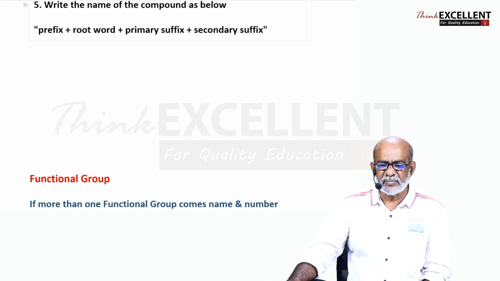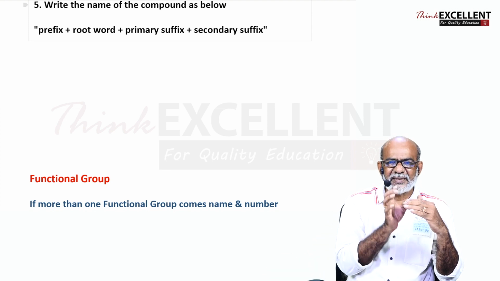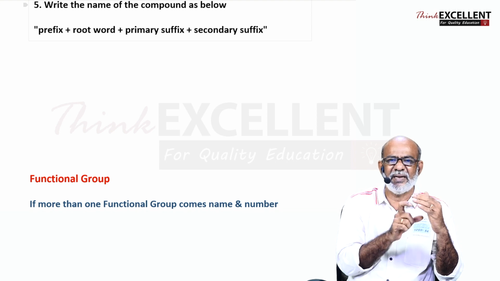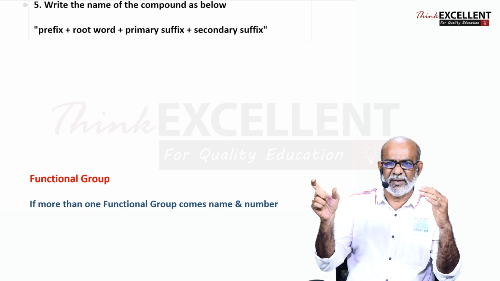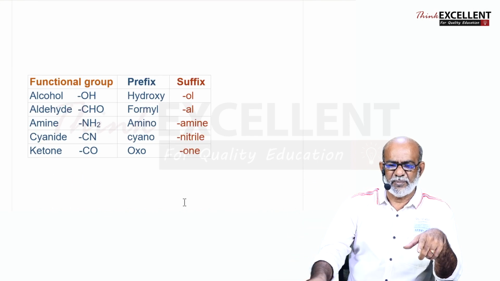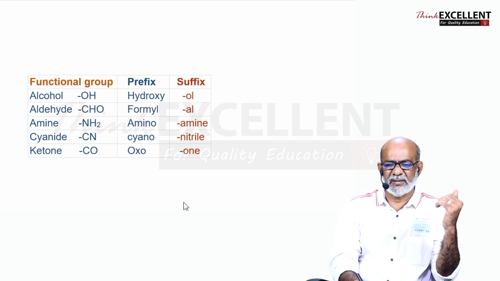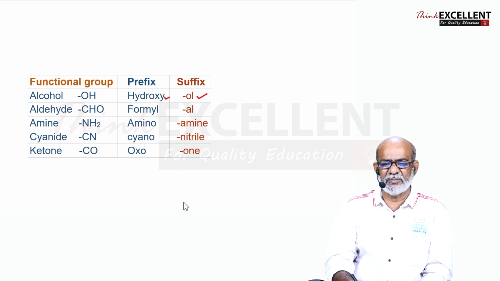Next, if more than one functional group comes, one is considered as prefix and the other as suffix. The one written as prefix is the substituent, and the other is written in the suffix word. Now, some examples. If alcohol comes as prefix, the name is hydroxy. If it comes as suffix, OL. Aldehyde: the suffix word is al, but the prefix word is formyl.